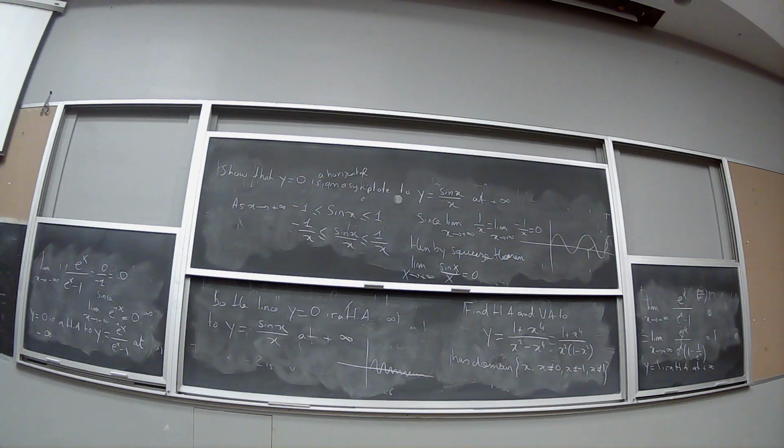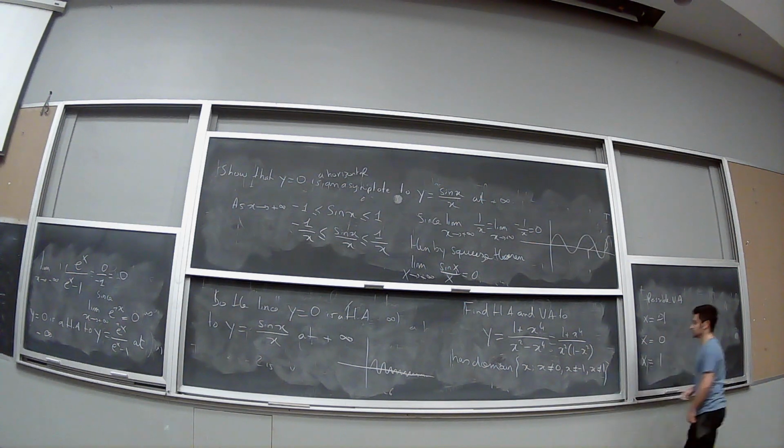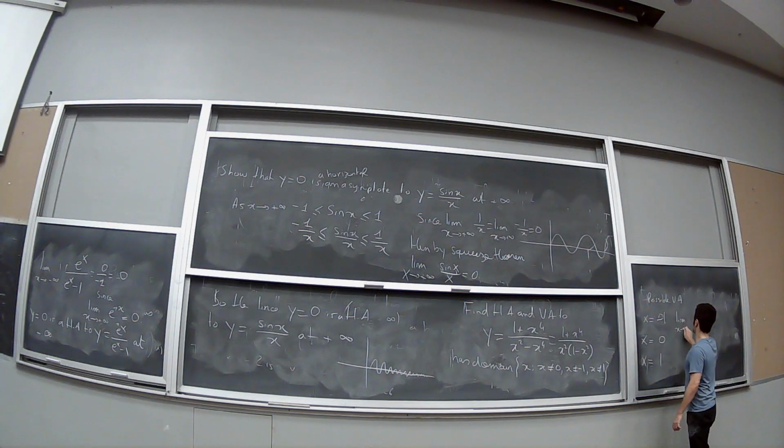Now, what are the horizontal asymptotes here? Let's go to the limit as x goes to plus infinity. So what are the possible vertical asymptotes? x is equal to -1, x is equal to 0, and x is equal to 1. Let's check that. If x is approaching 1 plus, where does the top go to?